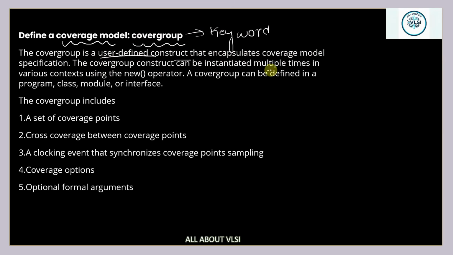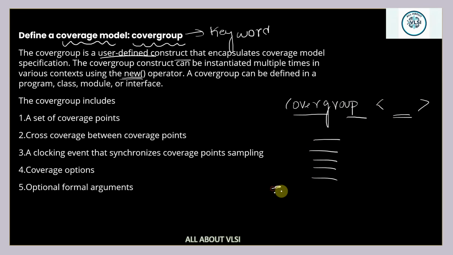A covergroup construct can be instantiated multiple times in various contexts using the new operator. So we declare a coverage model using the keyword covergroup, followed by the name, and here we write some code that we will discuss anyway.